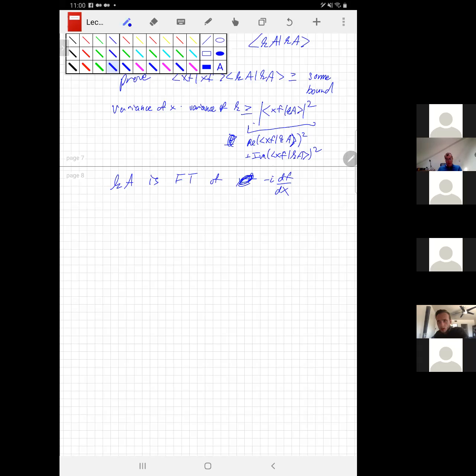So we could just deal with that, because we know that if I want to take the inner product of two functions, any two functions, I can either integrate over all x values, or I could take the Fourier transforms of them and integrate over k, all right? I get to choose which space I'm going to integrate in. That's from Parseval's theorem.